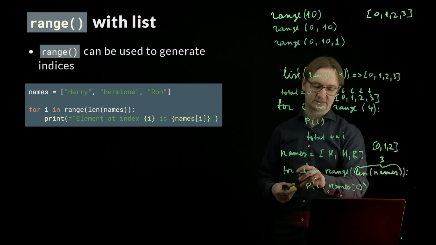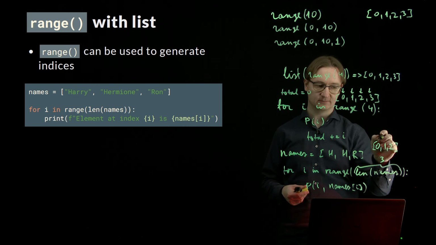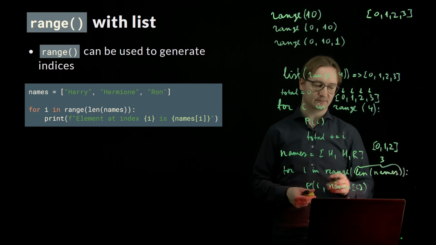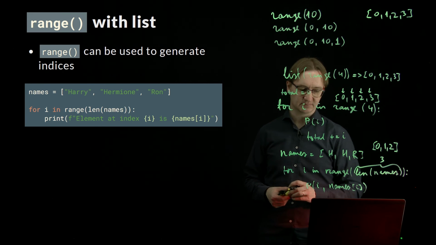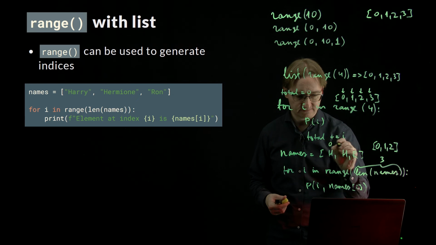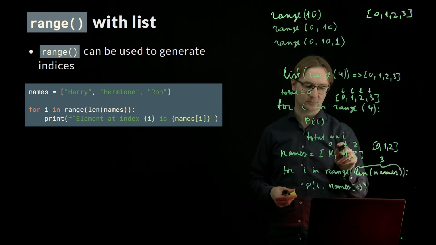So every time we execute this line here, we get one value out of this list. But those elements are not stored in memory, only the value which is taken is in memory. And as we can see, the indices for the names are also 0, 1, and 2.